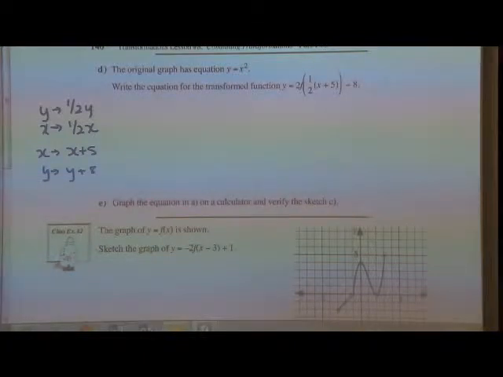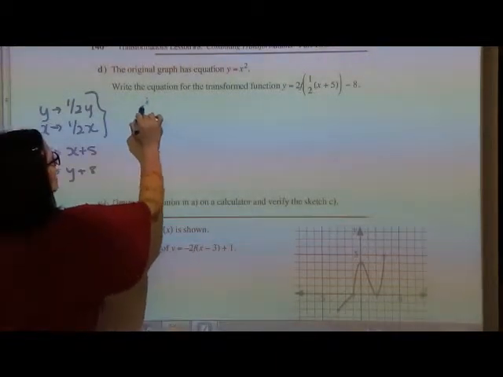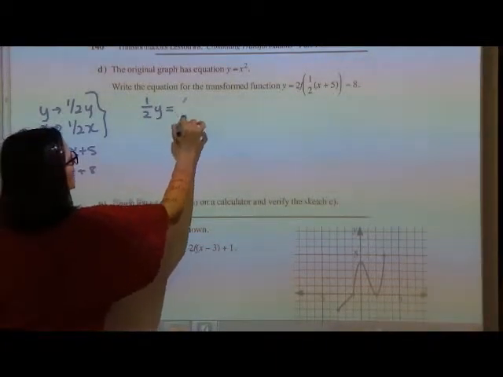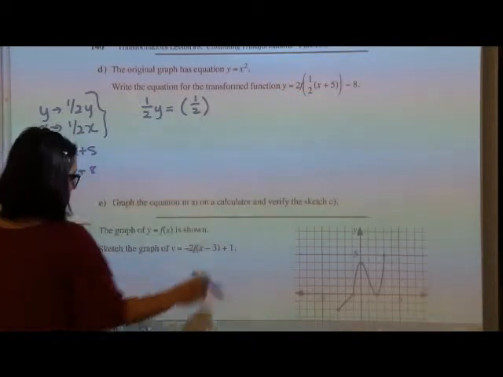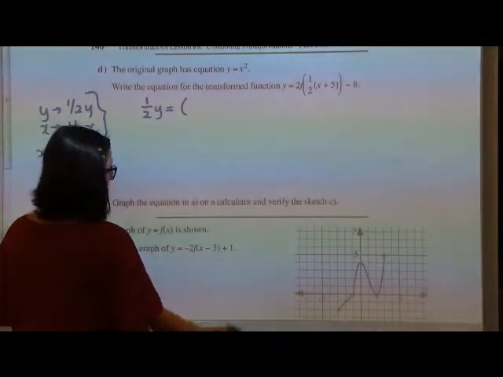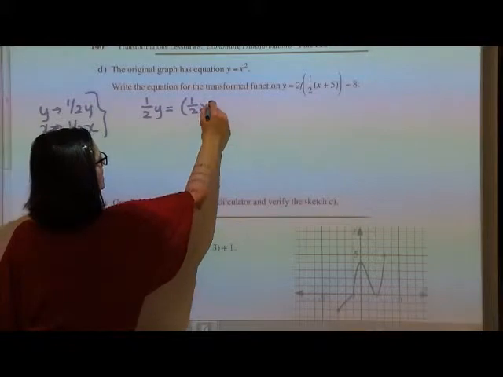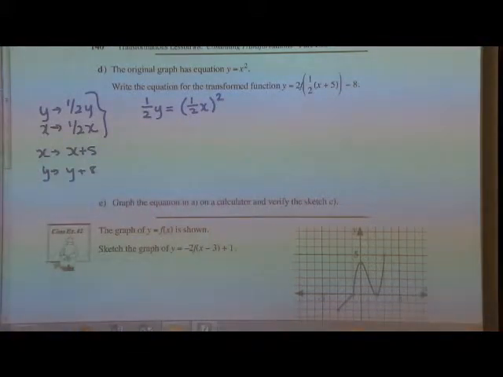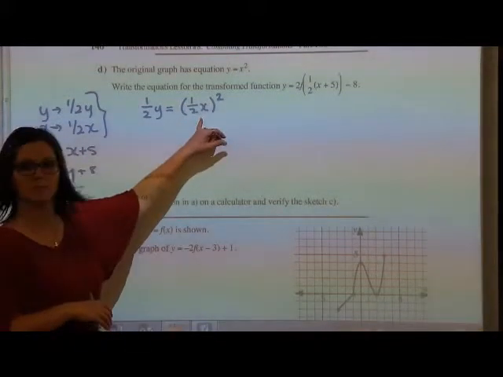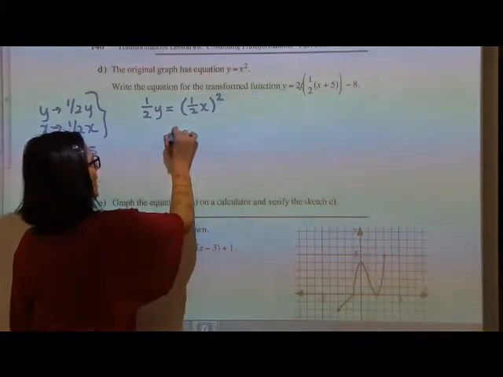I can do them in groups of x's and y's. I don't want to do the x's together, but I could do these two at the same time. So instead of y equals x squared, I would have 1/2 y equals 1/2 x all squared. So what is 1/2 x all squared? 1/4 x squared.